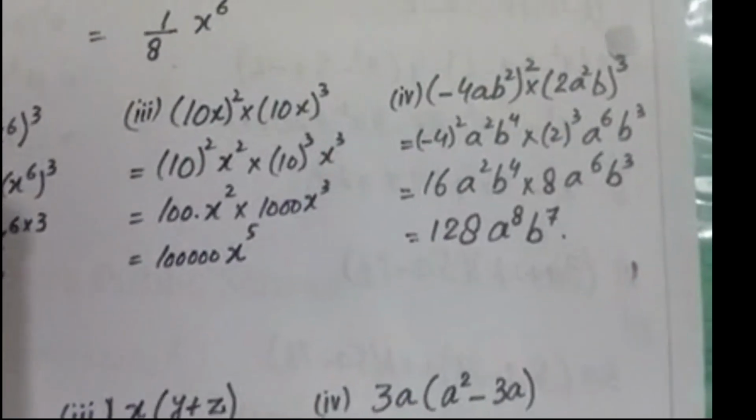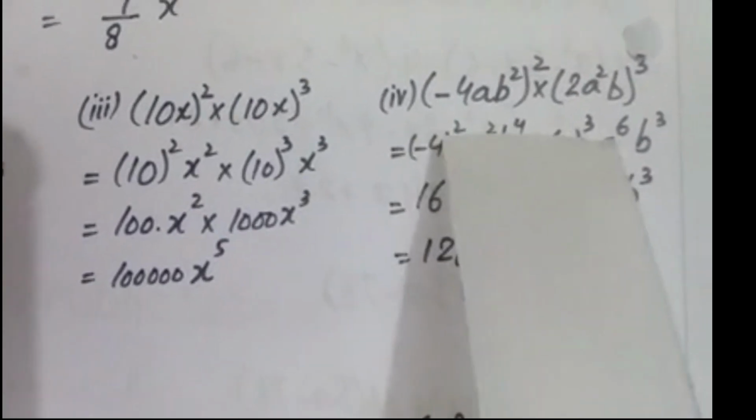Now see the next question: (minus 4ab²) whole square multiplied by (2a²b) whole cube. Apply this square to all these terms, minus 4, a and b², and this cube to 2a²b.